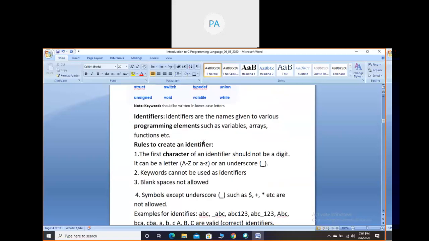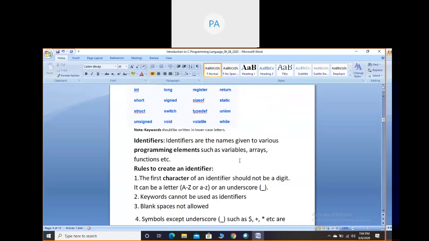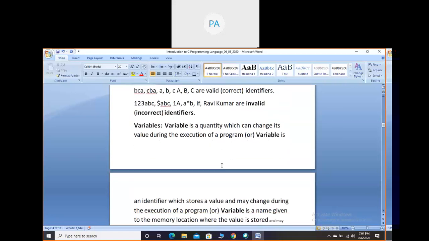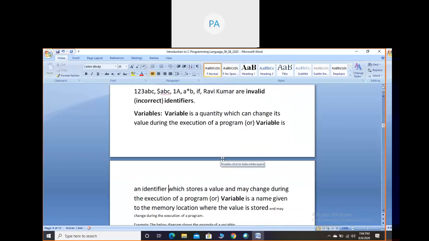An identifier is a name given to a programming element. So we can consider a variable to be a name which stores a value, and it has the option to change its value at any point in a program.